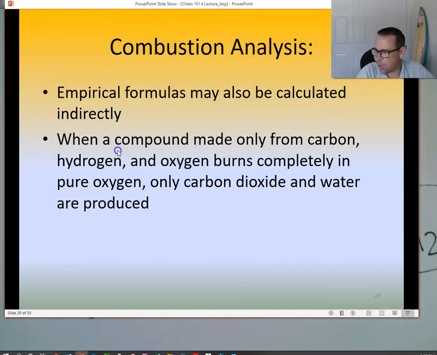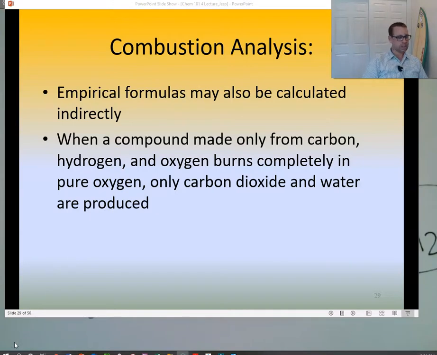Okay, very good. Now we're going to go over an example of how they identify how much carbon and hydrogen is in a compound. They do that by taking the compound. Generally, what they're interested in looking at is some organic compound and combusting the organic compound.